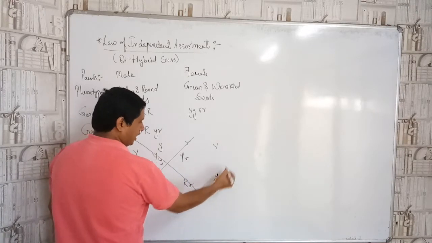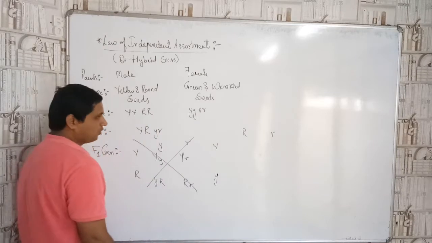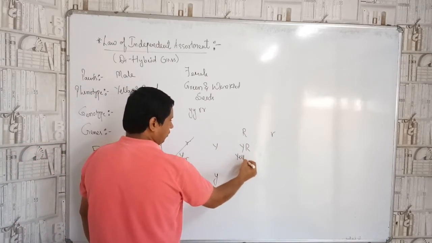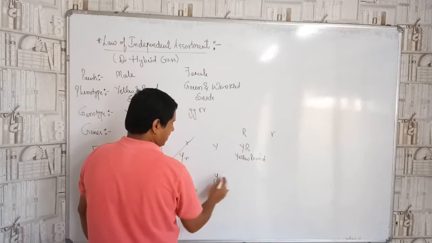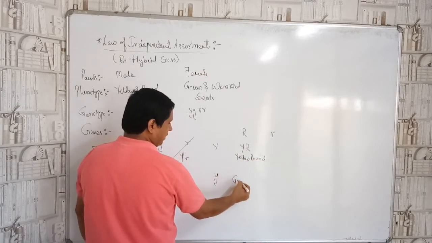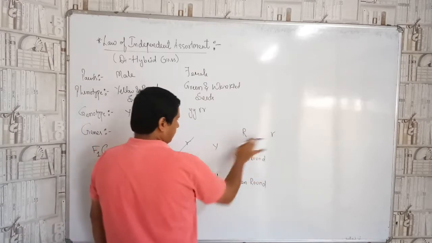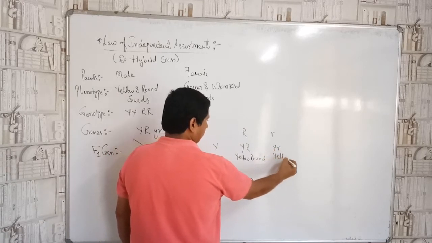Y, R. Okay, that is the YR. That is the yellow round. This is the small. That is the green round. This is the yellow wrinkle.